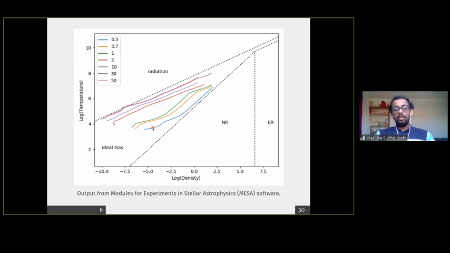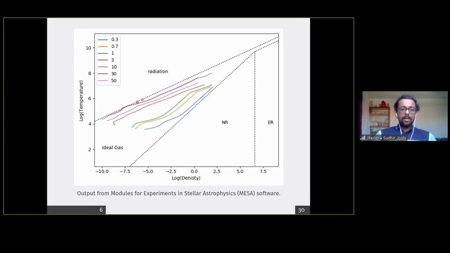But a low mass star might be governed by non-relativistic electron degeneracy pressure for higher densities. And for extremely massive stars, especially 50 or even 100 solar mass stars, as you can see in this part, it crosses the boundary.